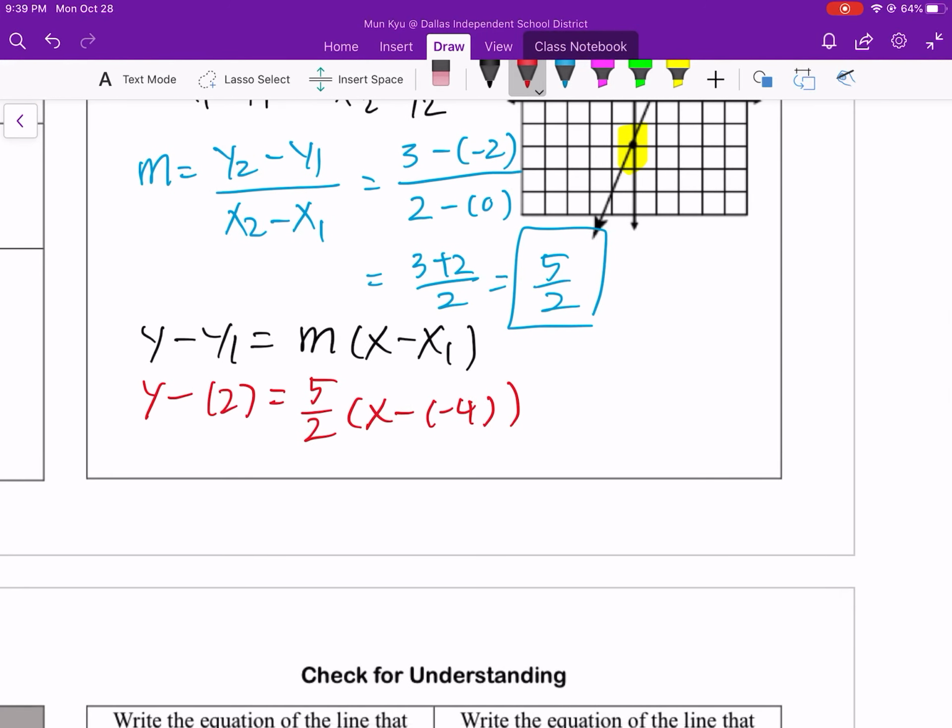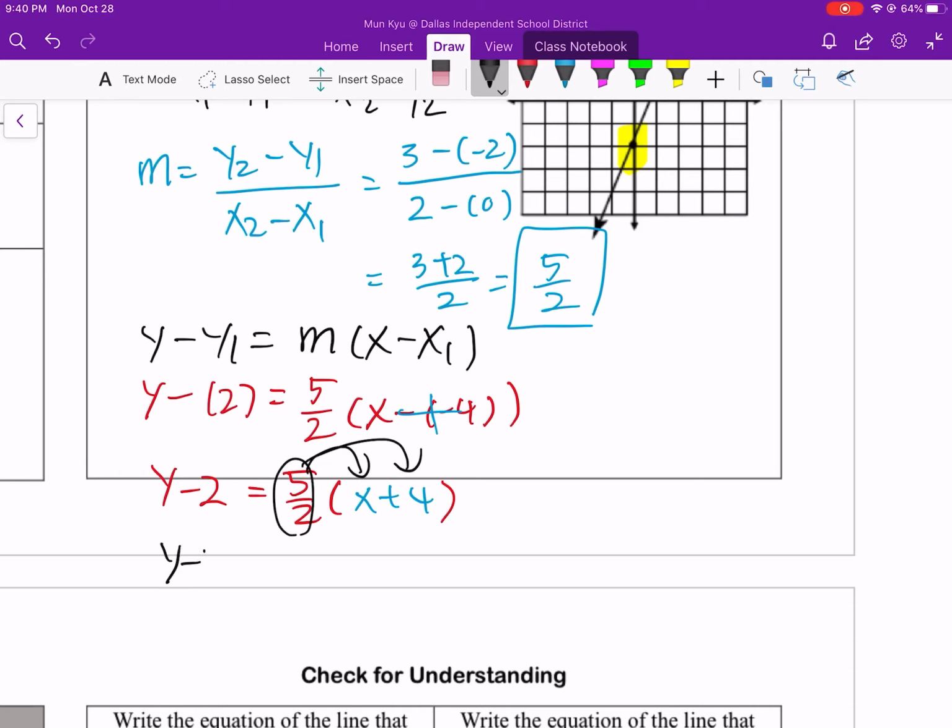And if you simplify this, that's going to be what? y minus 2 is equal to 5 over 2. Now these two negatives become positive, so it's going to be x plus 4. It looks a bit weird, so here you go. That looks right now.